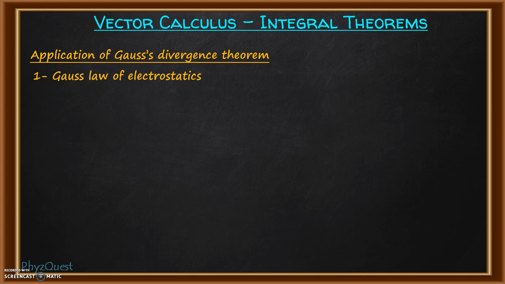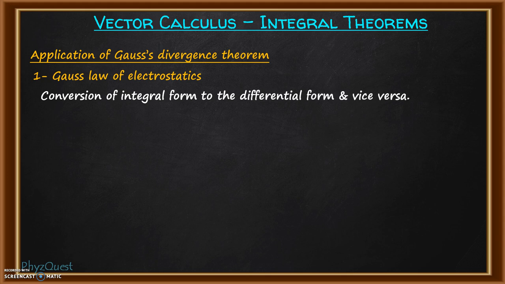So the use of the Gauss divergence theorem in Gauss law of electrostatics is basically the conversion of the integral form to the differential form and vice versa. Now Gauss law has two forms, the integral form as well as the differential form.